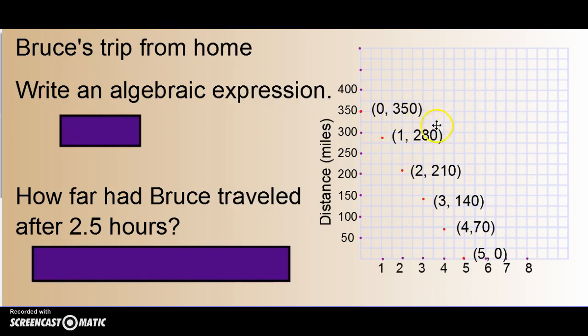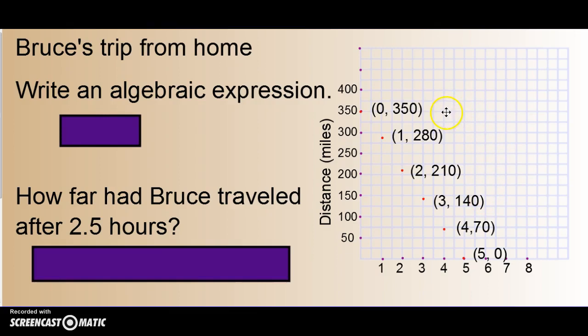So comparing the y's, it looks to me like the first hour he went 70 miles toward home. Let's see if that's consistent and linear. The second hour, he went another 70 miles toward home. By the third hour, he's gone 140 miles toward home. Or I should say 140 left to go to get home. Sorry about that. How far would he have gone?